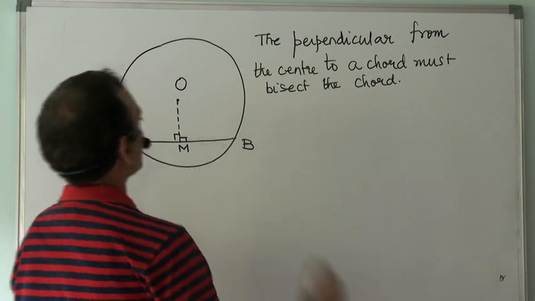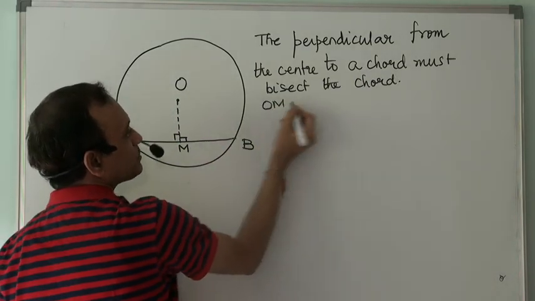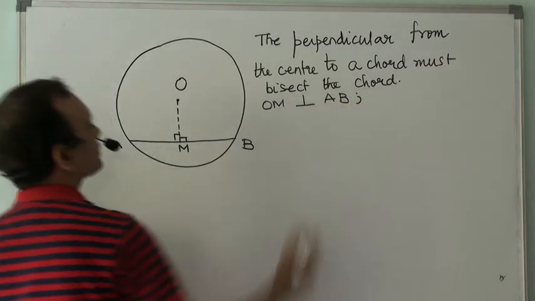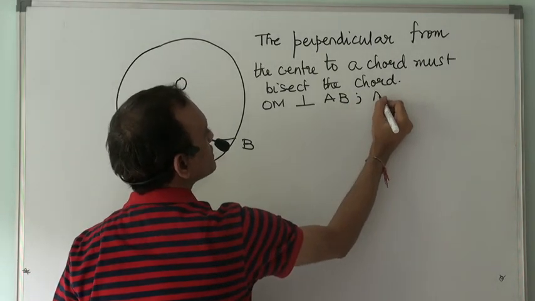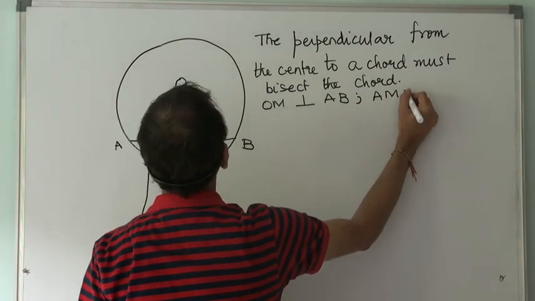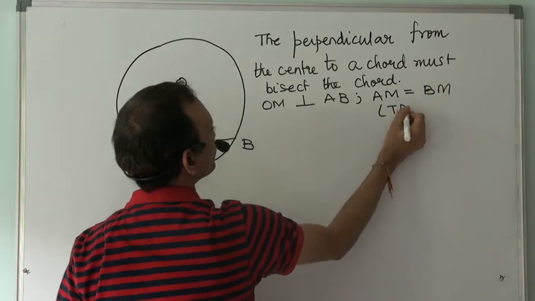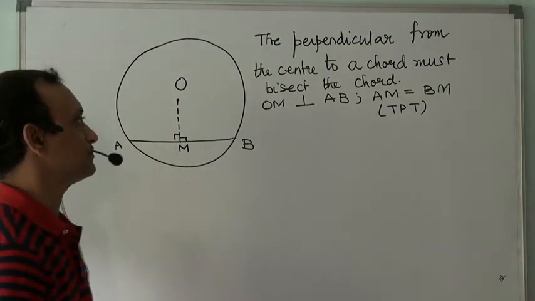Which is to say that if AB is the chord and if OM is perpendicular to AB, then we want to establish that M is the midpoint of AB. That means we want to prove that AM is BM. This is what we want to prove that AM is BM, given that OM is perpendicular to AB.